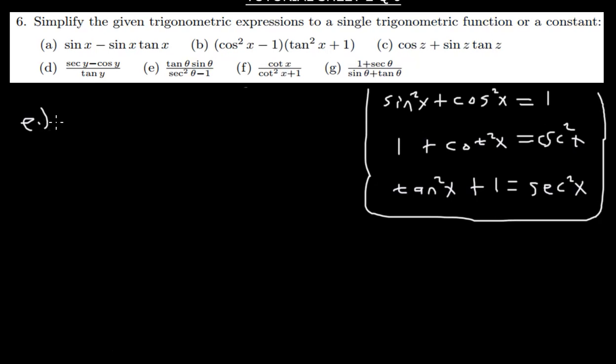Tan theta, we know, is sine over cos. So instead of writing tan theta, I'll write sine theta over cos theta, and then this is multiplied by sine theta.